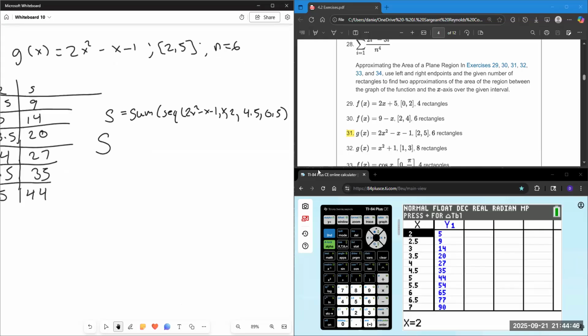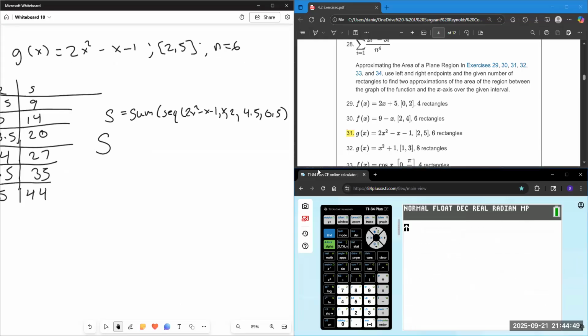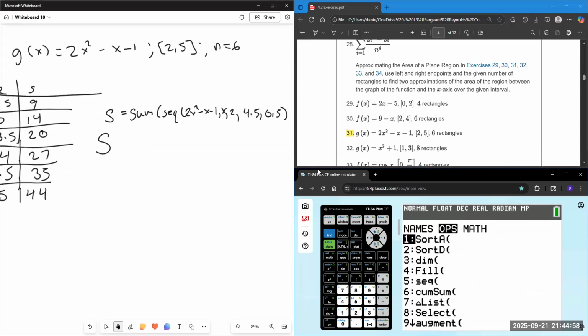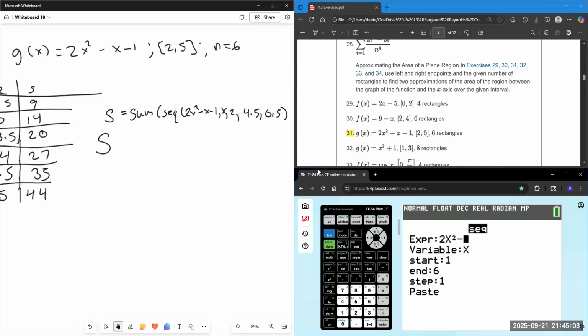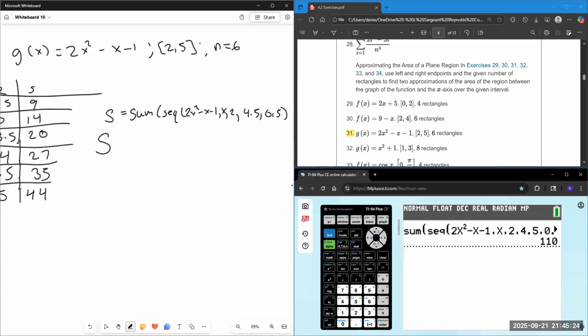I'm going to type that into my calculator here. Second list, sum of second list, sequence of 2x squared minus x minus 1, and variable x starting at 2, going to 4.5, and stepping by 0.5, and that lowercase s is going to be equal to, that's too big.